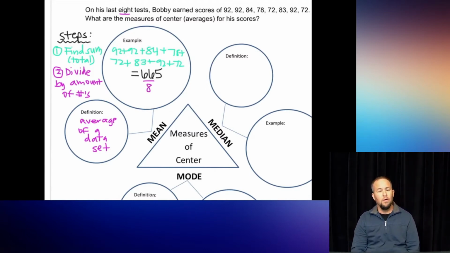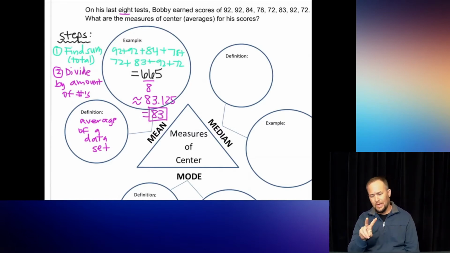We get approximately 83 points and 125. I'm going to round to the nearest whole number for this one. Another word for mean is also the average. So if you'd like to write that out, our average is going to be the number 83.